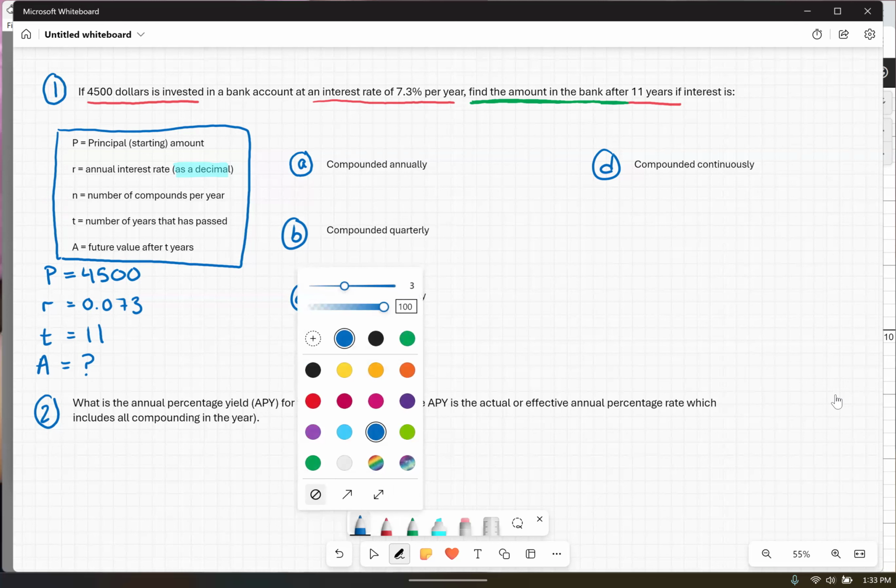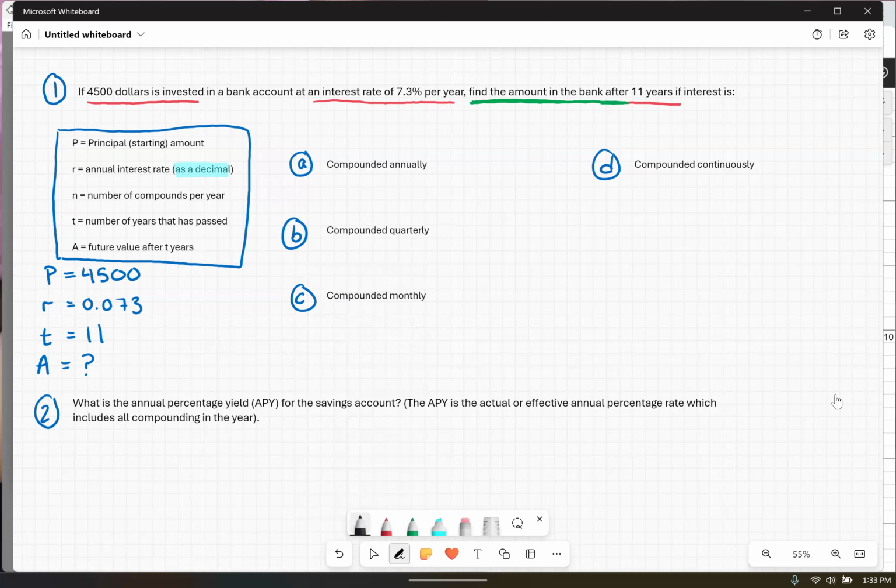So assuming this is something you've already covered or already seen, we've got two different formulas for future value. A is the future value. That's what we're looking for. If your interest is compounded annually, semi-annually, quarterly, weekly, monthly, daily, we use the same formula for each of those.